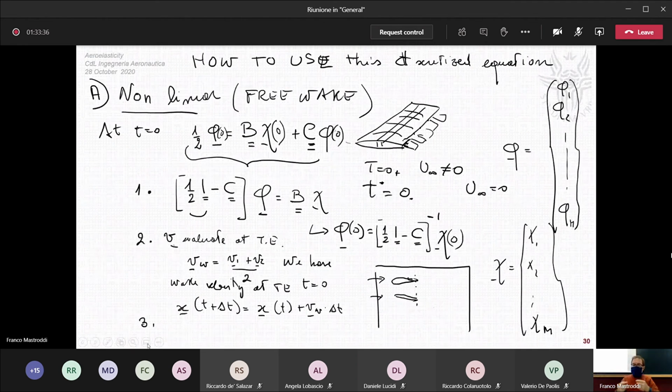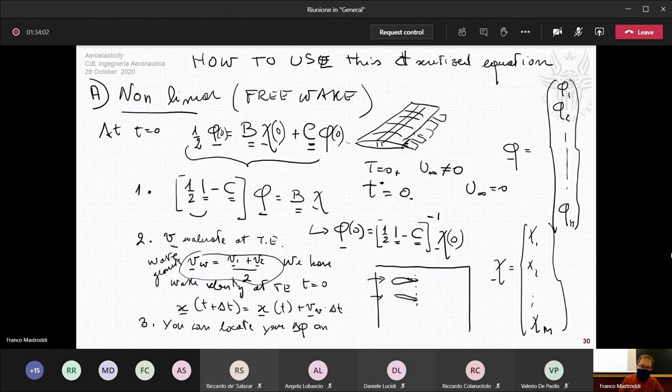So you have generated the geometry of the wake. With this formula, we are generating the wake geometry. And in step 3, you can locate your delta phi on wake panel and assign this value to the wake panel.